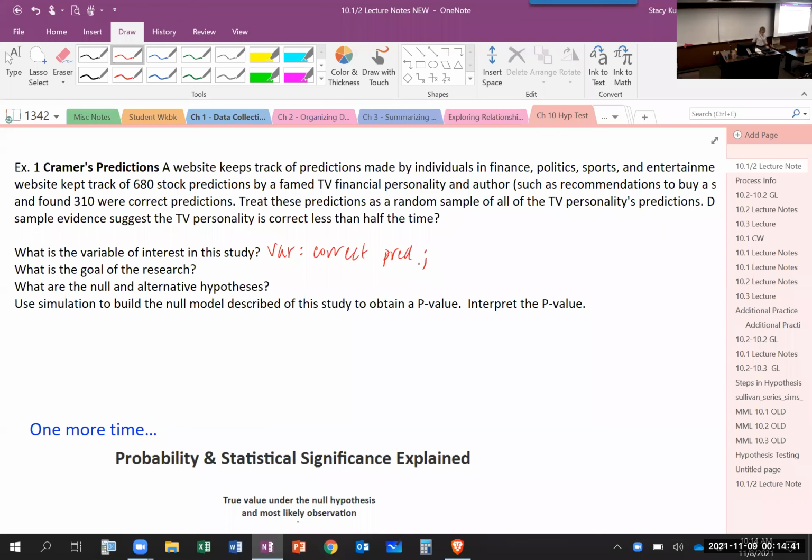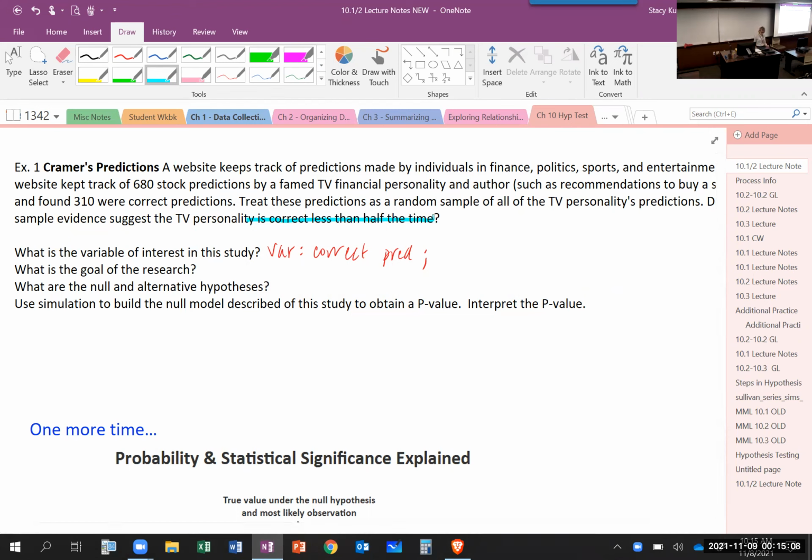Okay. What was the goal? What are we trying to look for again here? To prove that H sub A is less than. All right, so we want to know whether or not he's correct less than half the time.